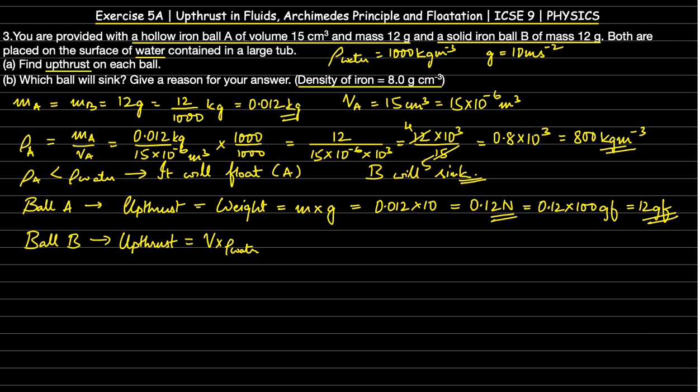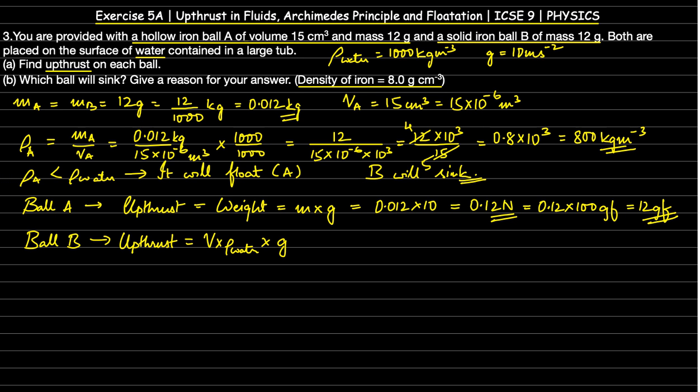Please do not take the density of iron, take the density of water. But there is a small twist here. We do not know the volume of B. We know the volume of A, but we do not know the volume of B.